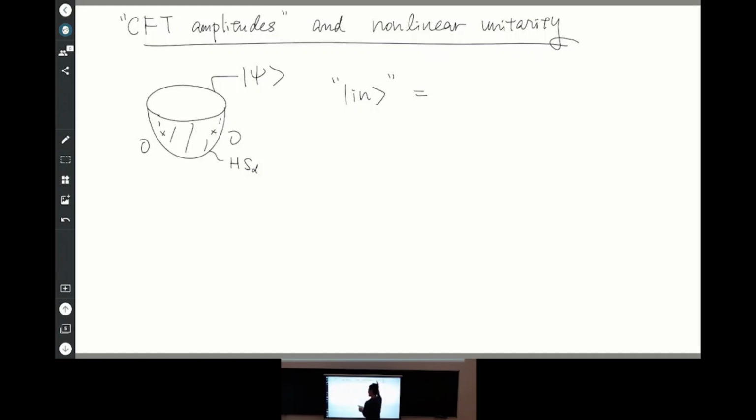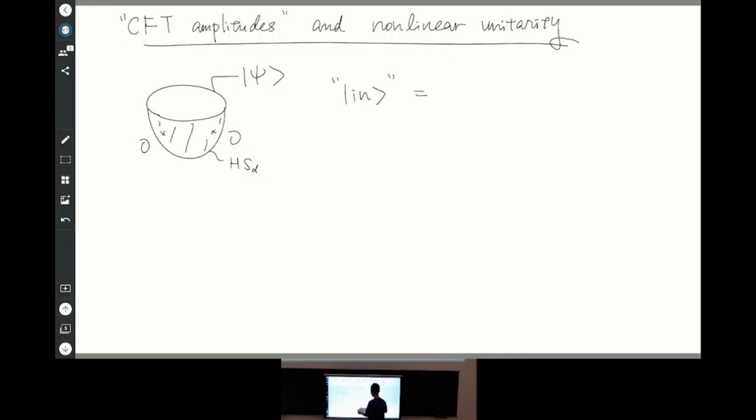So now I'm going to present some schematic picture about how to understand the nonlinear unitarity arising from CFT. So for that, let's go back to just talking about CFT, and let's imagine considering the hemisphere, a D-dimensional hemisphere, and then you put some local operators here, O1 and O2. That creates some state on the equator of the hemisphere, and let's call it psi.